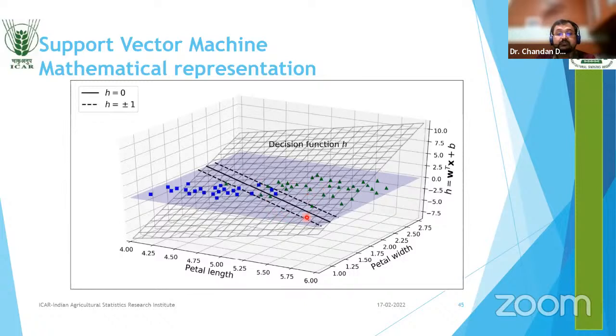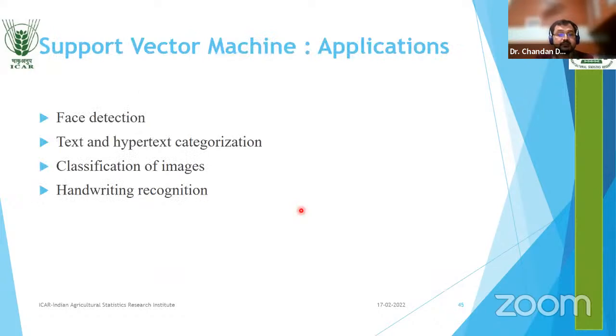Here, this hyperplane can be made through this function. It makes the middle line, and whenever the value becomes plus or minus 1, it will fall on either side, and whenever it is 0, it falls on the line. So in this way, the SVM segregates the objects.